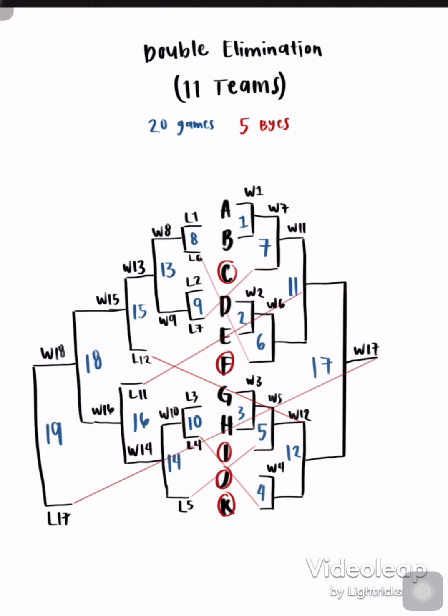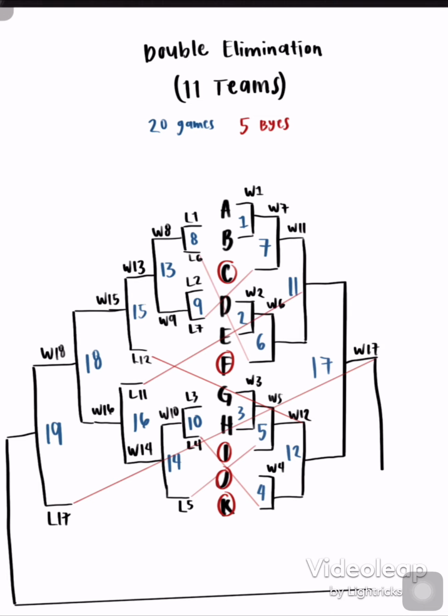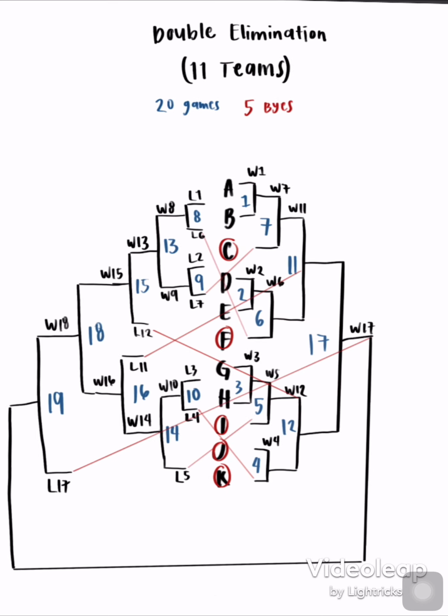And lastly, the very last part, which is game 20, since our number of games is only 20. So we can do that. The winner from game 19 will be competing with the winner from game 17.